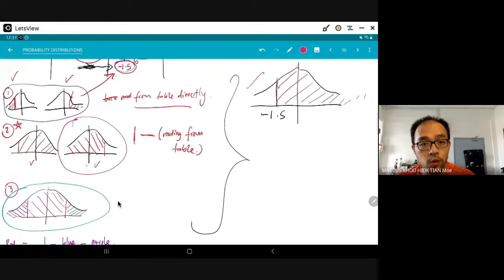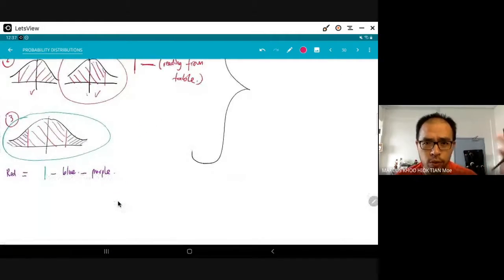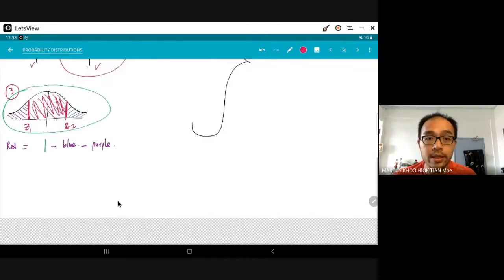The third situation, which I told you two days ago, is if the area you want is in the middle. So you read Z2 and Z1, then you subtract the probabilities. Of course, there are more than just these 3 situations.